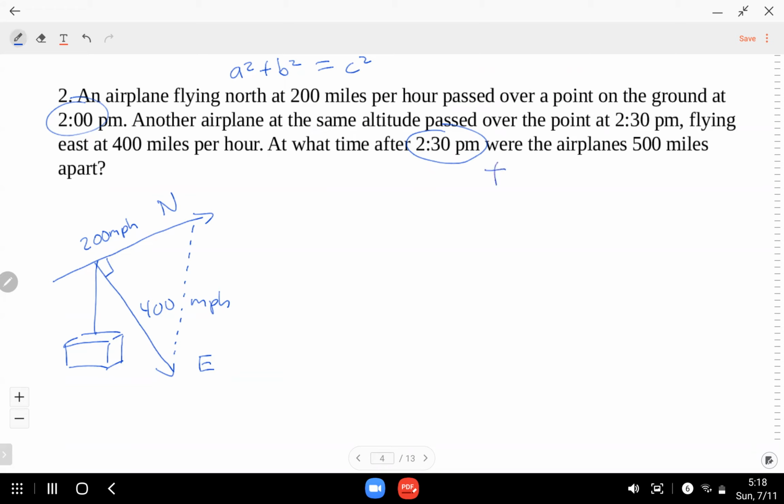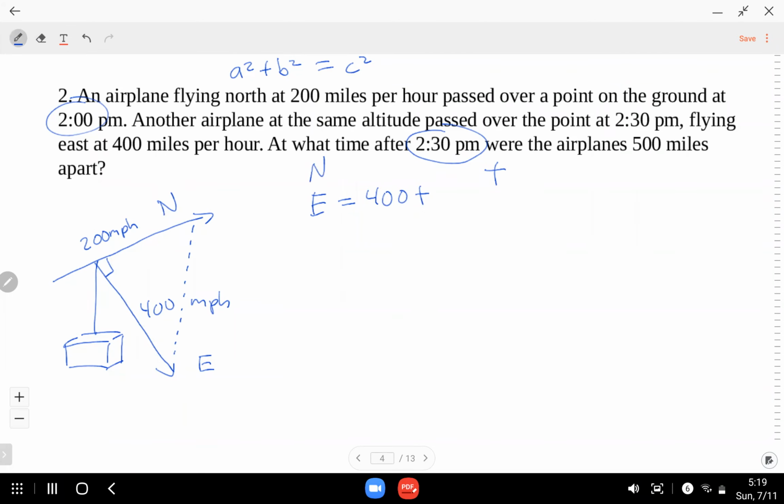All right, and since we can just do that, the east airplane is just going to be 400 times t because it's 400 miles per hour. So basically 400 times t. That's the time after 2:30 p.m. However, it's a different case for this north airplane.